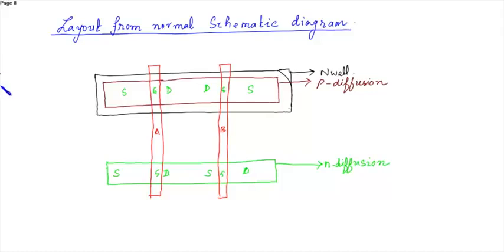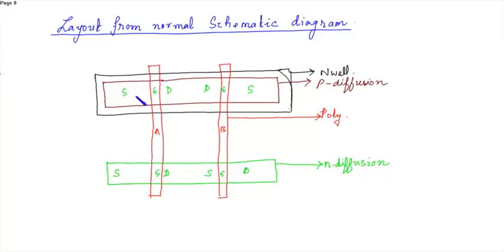So now in order to make the connections, we need the metal layer. Let me label the poly layer. So this is the poly layer.